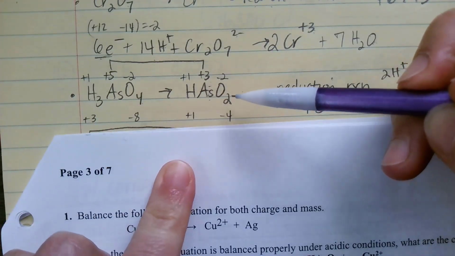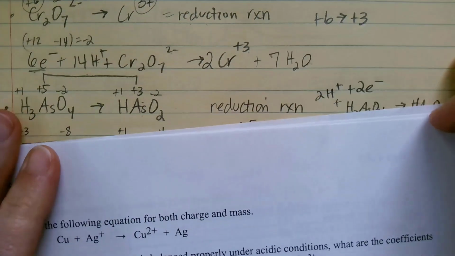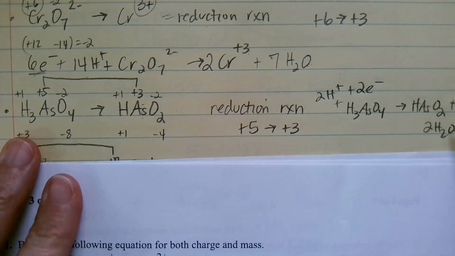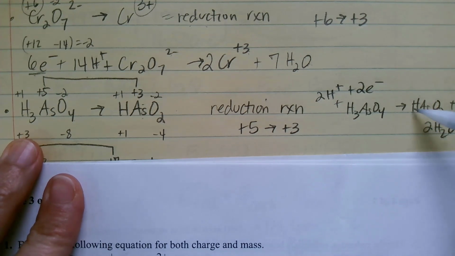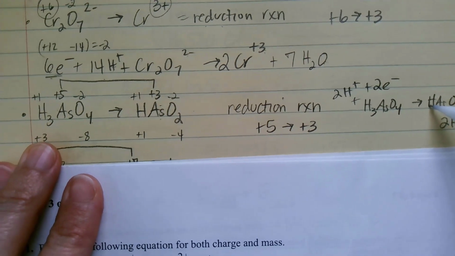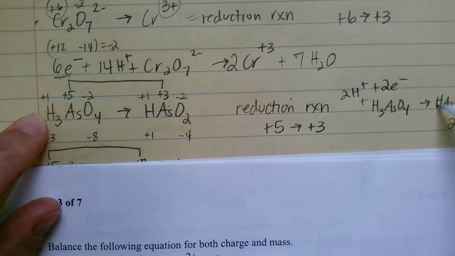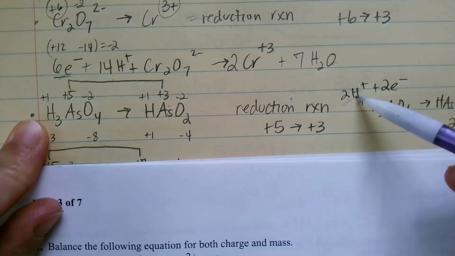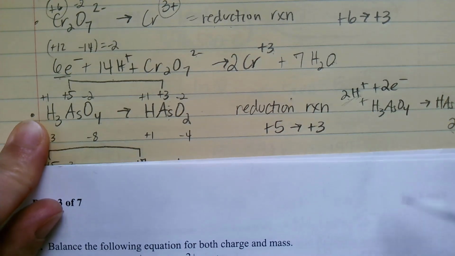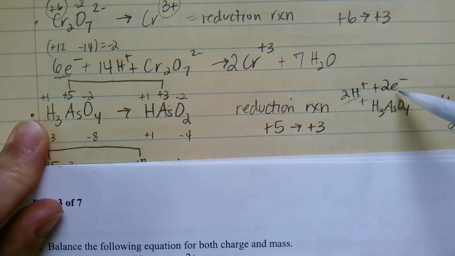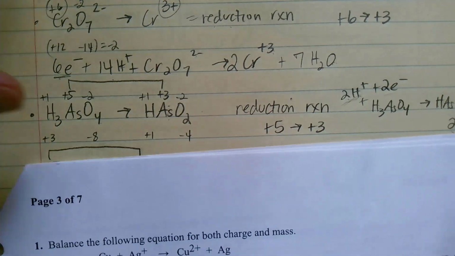The right side needs 2 more O's, so I need to add 2 H2O's on the right. That gives my O's balance, and then I have 2 H's plus 1 H is 3, I'm sorry, 4 plus 1 is 5 H's. On the left I only have 3, so I need 2 H pluses. And because I have no charge on the left, I need to have no charge on the right. So 2 H pluses, so I need 2 electrons on the left.